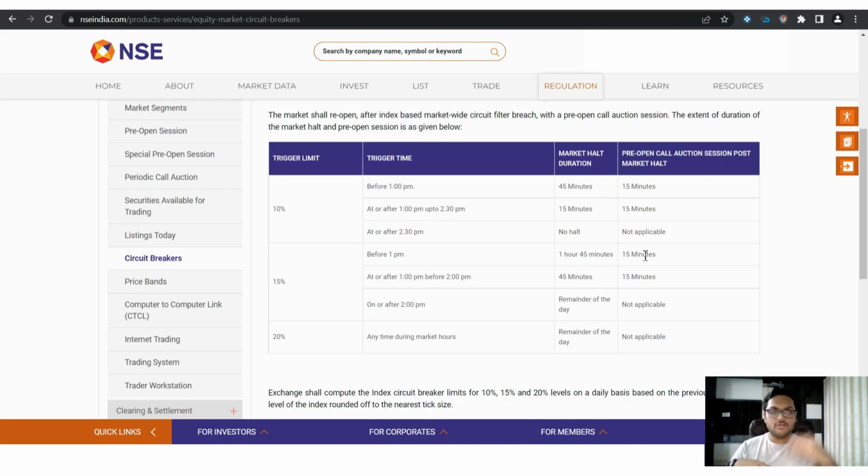If the market falls or increases by a very huge percentage in a single day. So when can we experience this kind of situation? You have experienced it recently, if you know about it, COVID-19. When the news came, I don't remember exactly, but I guess it hit a lower circuit and the trading had halted.